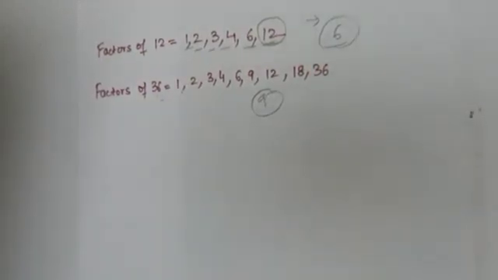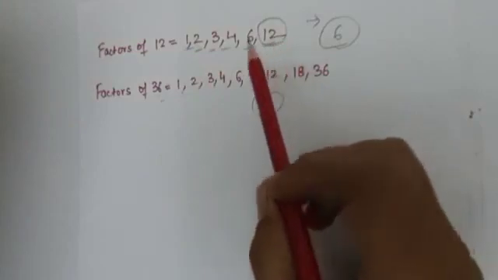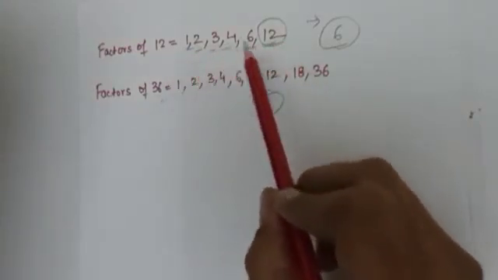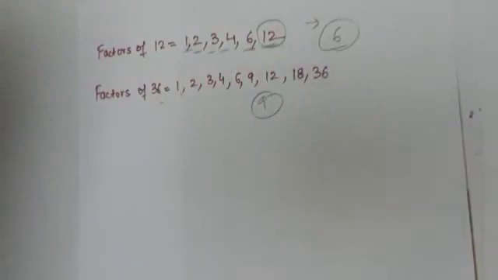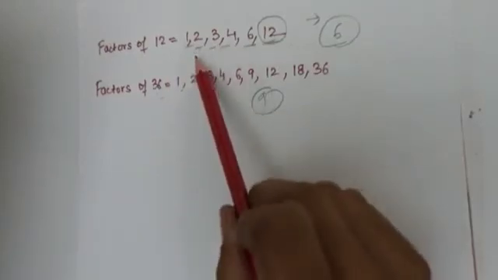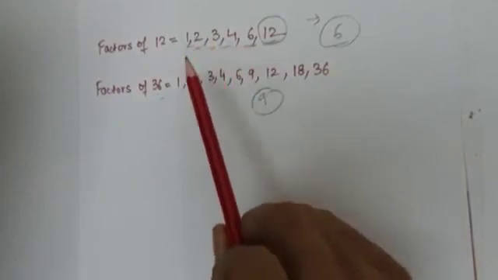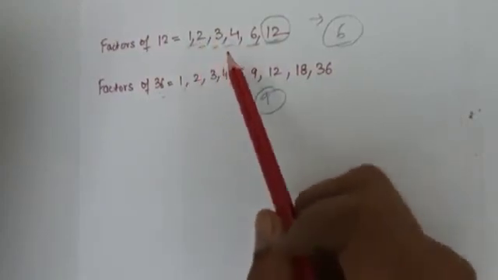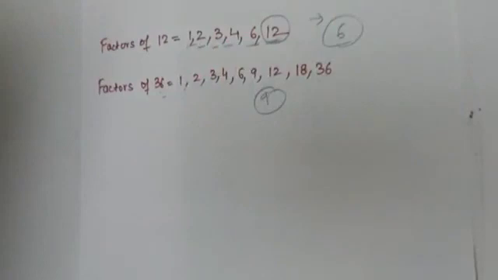Now students, if I ask you, can a factor of a number be greater than the number? No, it is not possible, because we have already discussed that every factor of a number will be less than the number. I hope students, now it is clear to you how we can find the factors of a given number.